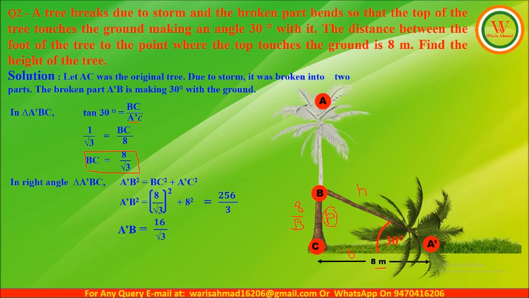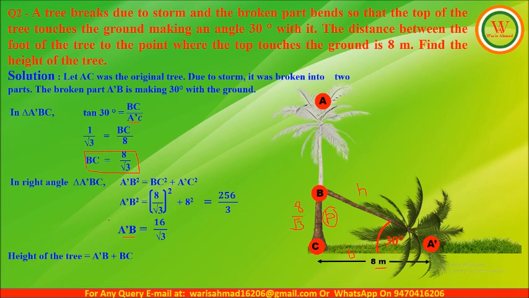After getting the measurement of A dash B, we have to find the height of the tree. The height of the tree will be AC. So we can write here AC is equal to AB plus BC, and this AB is equal to A dash B. So finally we can write here height of the tree is equal to A dash B plus BC.